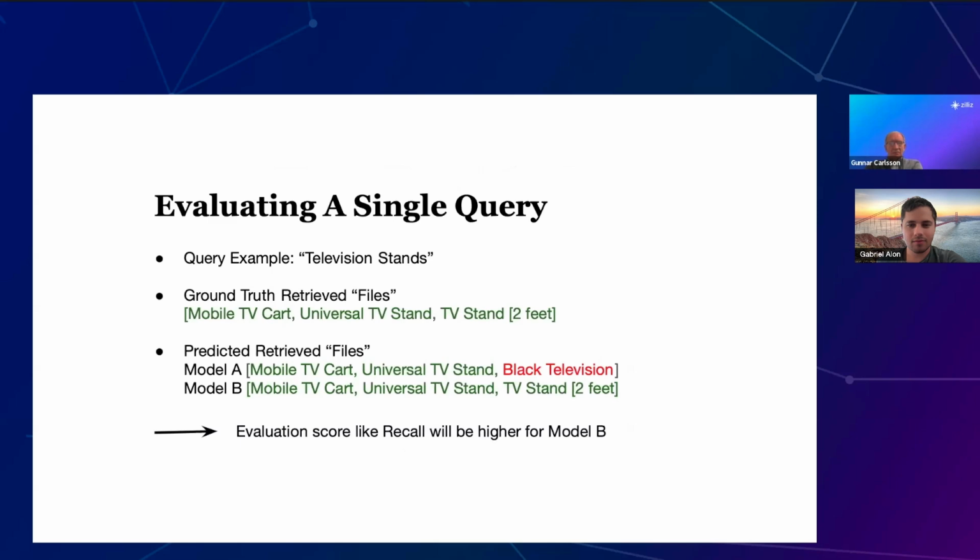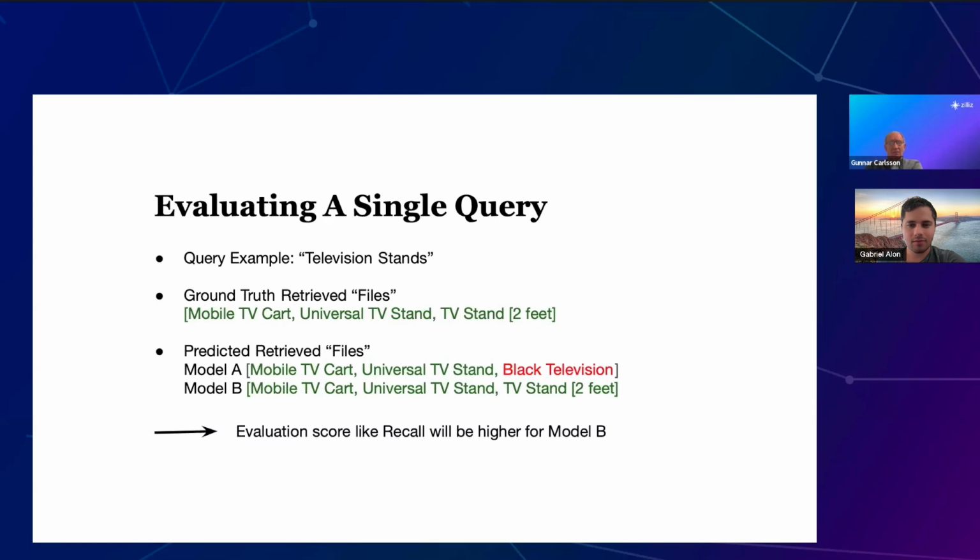The ground truth in the evaluation could mention different kinds of TV stand products. It could be TV carts, or TV stand 2 feet. When you do the evaluation, it's going to be compared against these ground truth labels. For example, here, model A incorrectly predicts black television, which is just different than a TV stand, which is what the person was looking for.